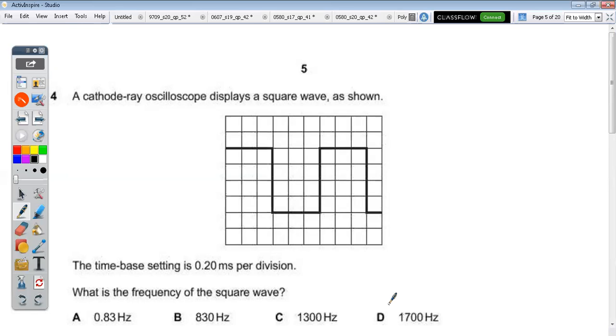Frequency. Okay, so you calculate the period first.